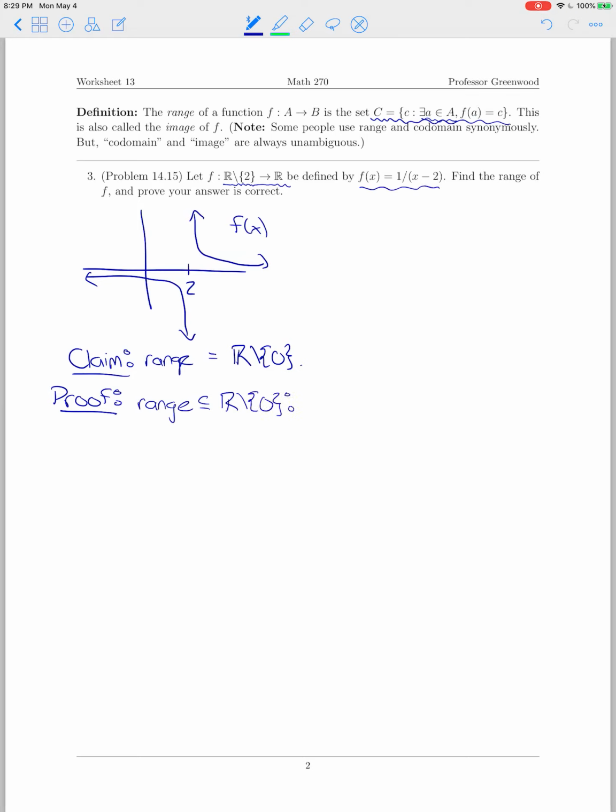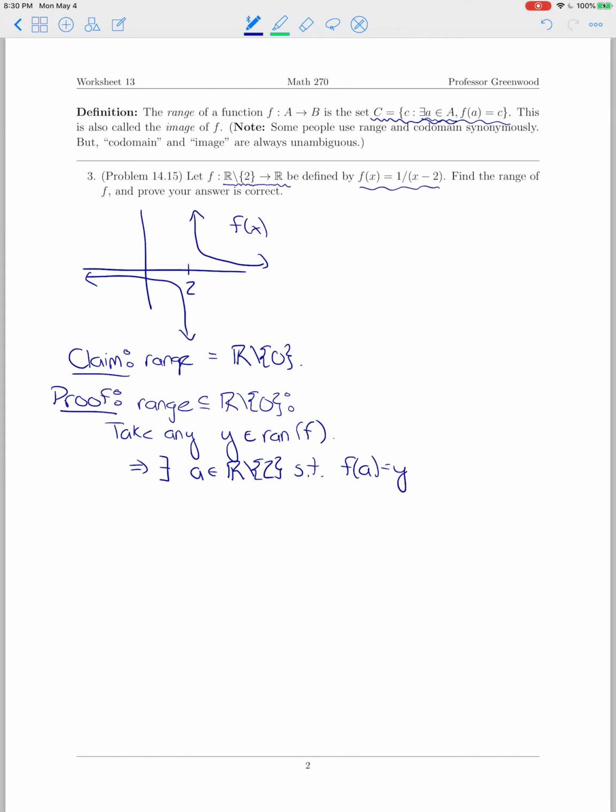In order to do that, I'd say take any y inside the range of f. By definition, that means that there exists a in R minus 2 such that f of a is equal to y.